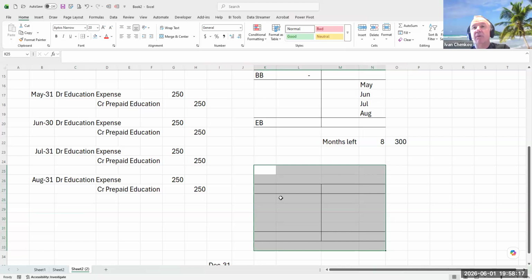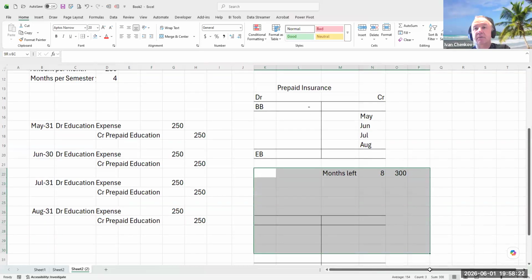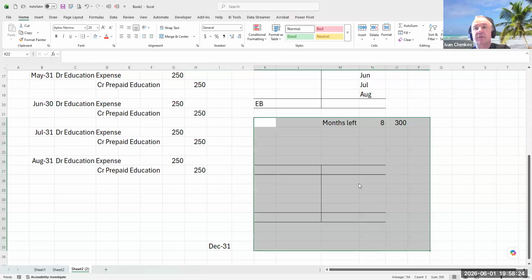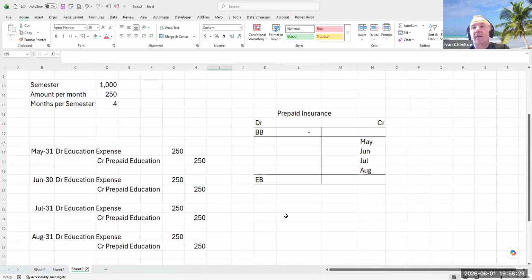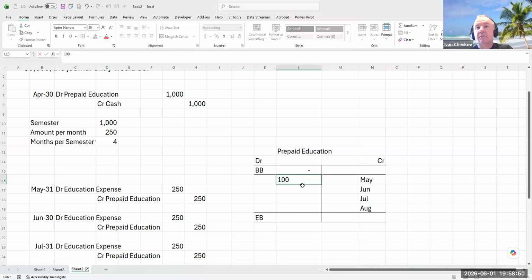Now let me clear the sheets here because we don't need those. So what's happened now with our prepaid education? In April, we started with 0. Then we added 1,000.